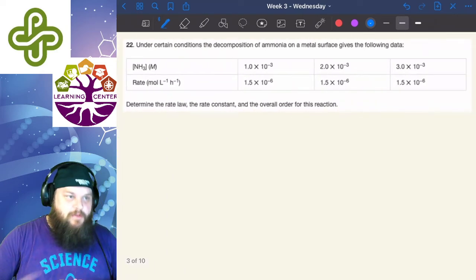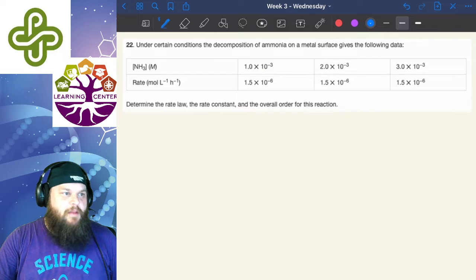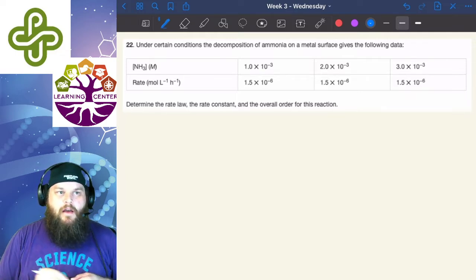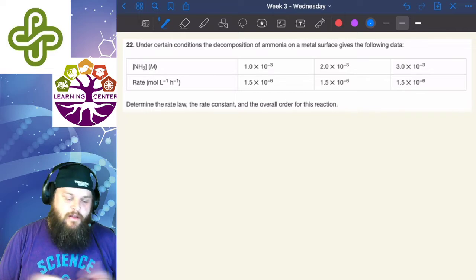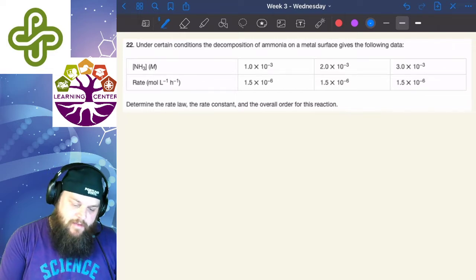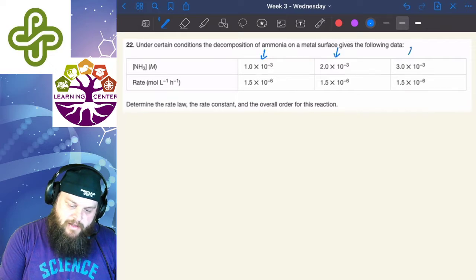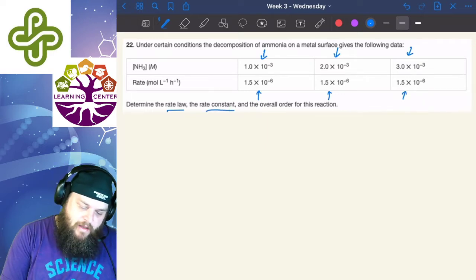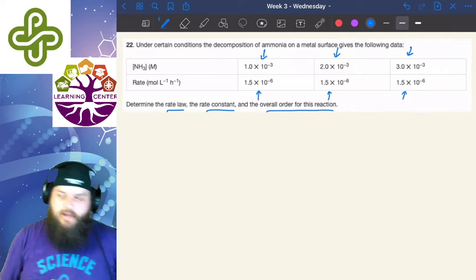So number 22 is a little bit more interesting. Now, under certain conditions, the decomposition of ammonia on a metal surface gives the following data. So what they've done is they've collected the concentration of ammonia at different states and what its rate is. And we want to determine the rate law, the rate constant, and the overall order for this reaction.